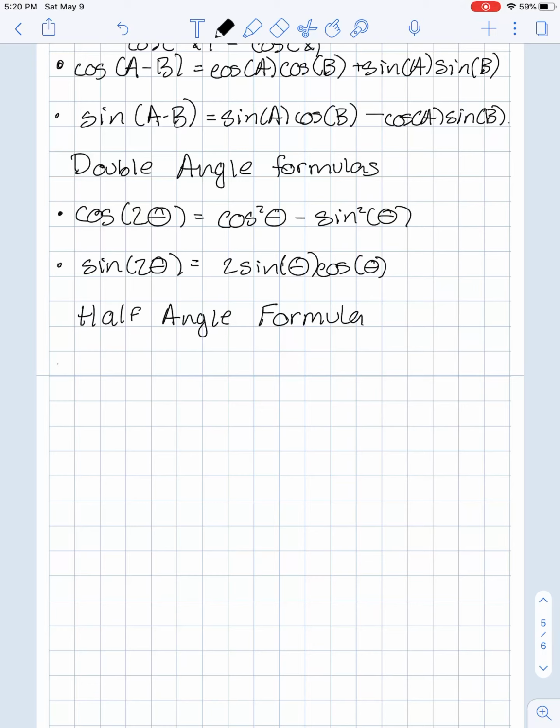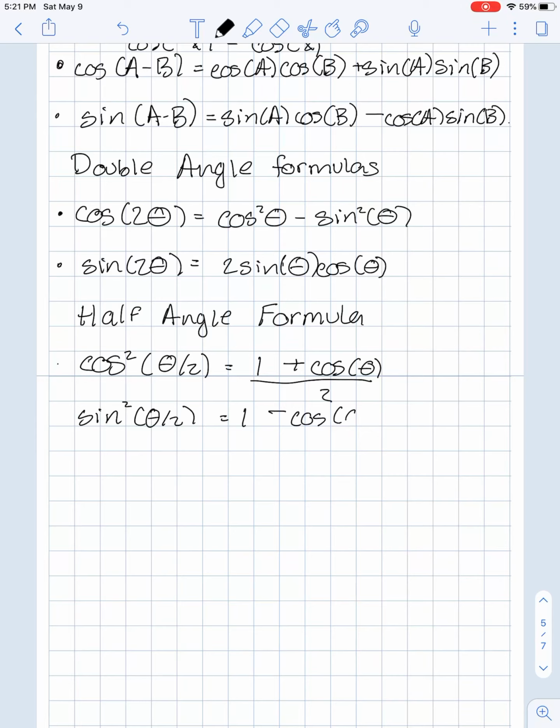They're usually written a little funky, so we're going to have cosine squared of theta divided by 2, half our angle, equal to 1 plus cosine theta over 2, and sine squared of theta divided by 2 will equal 1 minus cosine theta over 2.